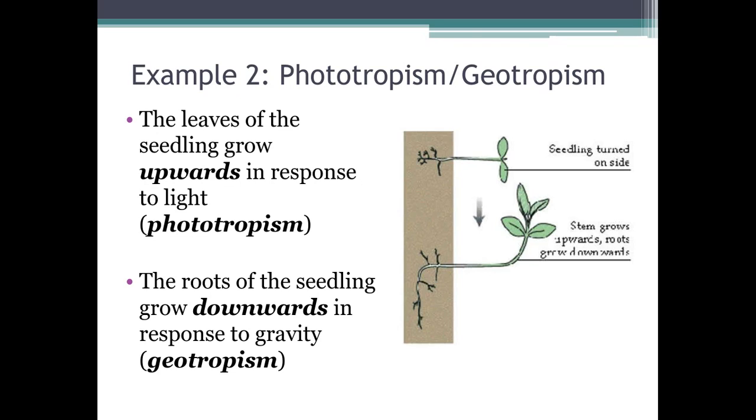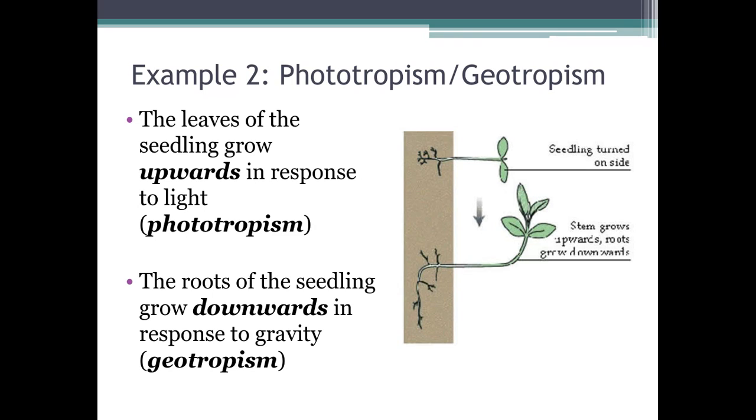Another example of a response to a stimulus is one of those weird answers to the question I was saying earlier about how everything moves to some extent. So if you look at how plants move, you will see that there are 2 different ways in which plant parts respond to some outside stimulus in order to move. So the first one we call phototropism. And this is the phenomenon that explains why trees have leaves that grow with branches in the upwards direction.